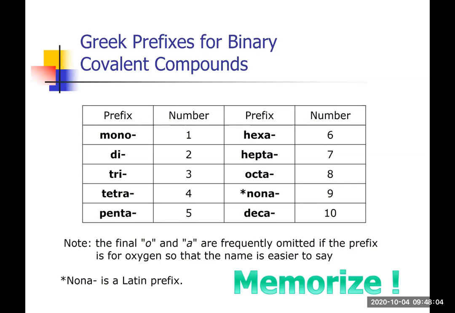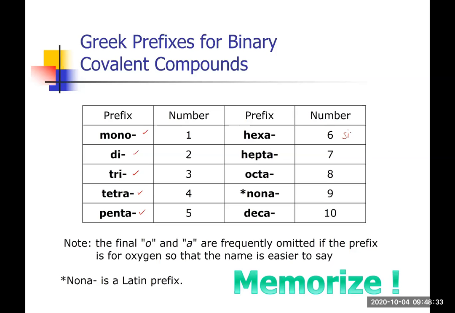Another preliminary bit of information are the Greek prefixes, which you'll use for naming binary covalent compounds. So you can see that the Greek prefix for 1 is mono, for 2 is di, for 3 is tri, 4 is tetra, 5 is penta, 6 is hexa, and 7 is hepta, and students often confuse these two.